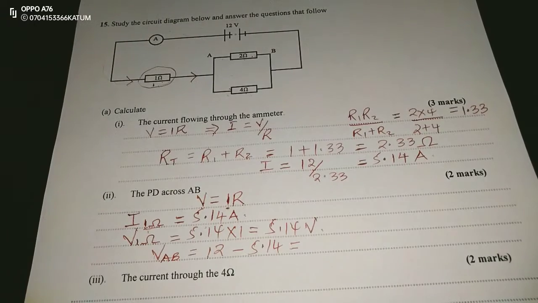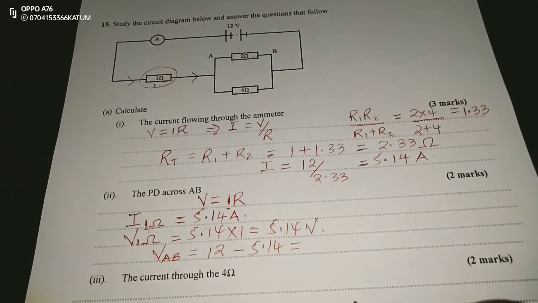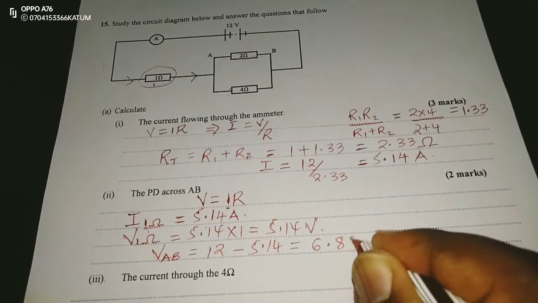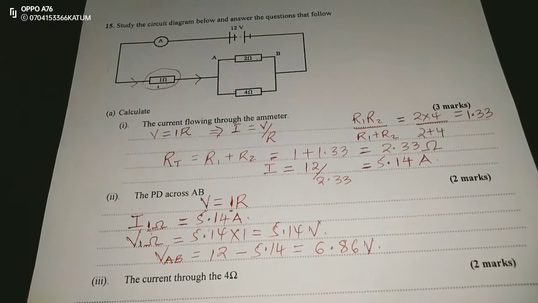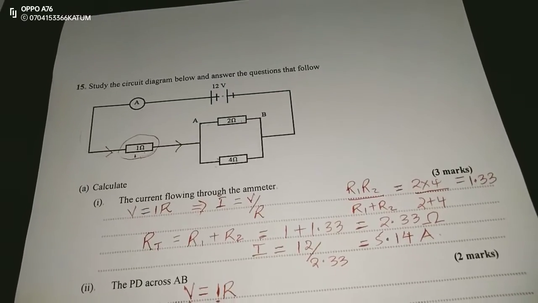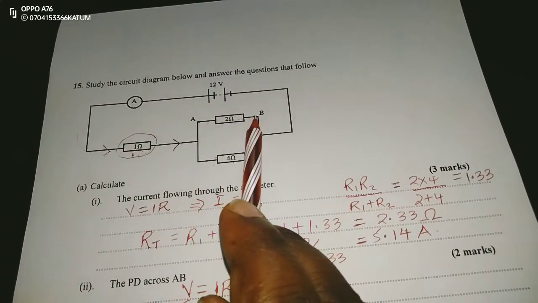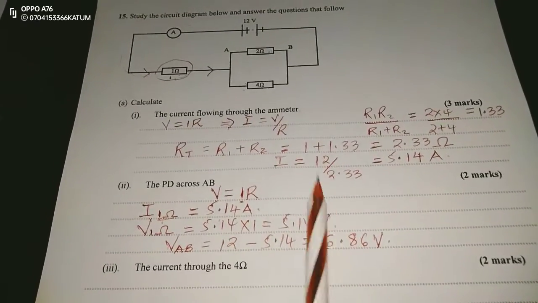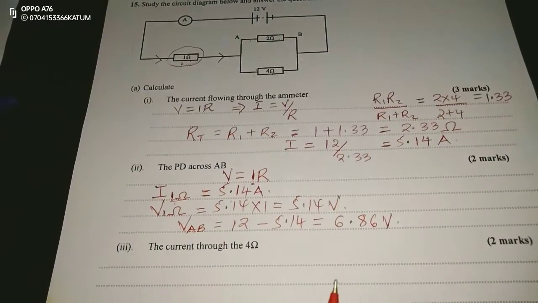This gives us 6.86 volts. It should also be noted that it is also the same voltage across the 4 ohm resistor.